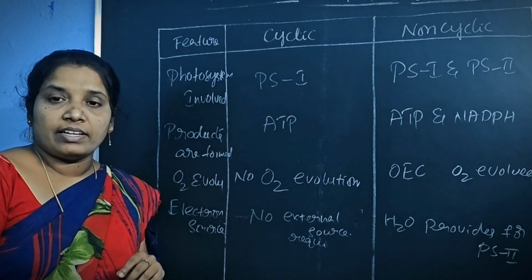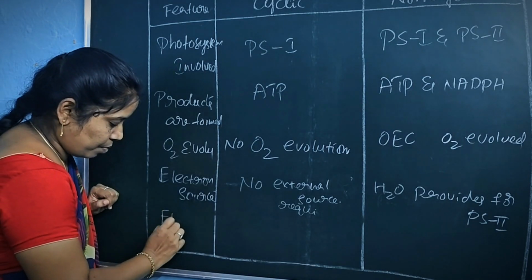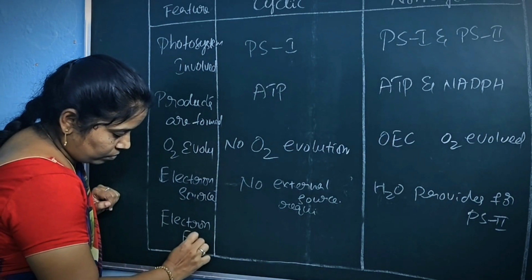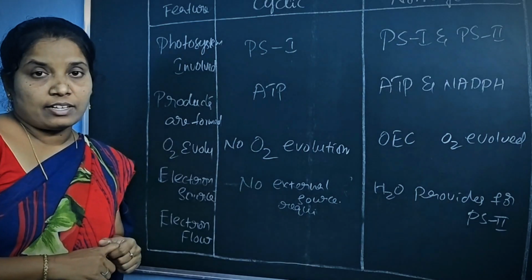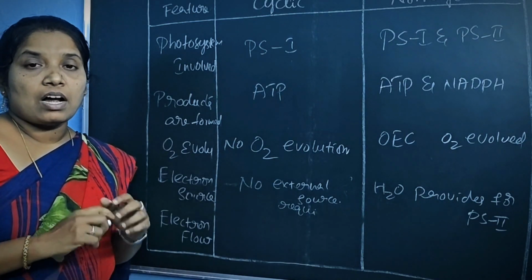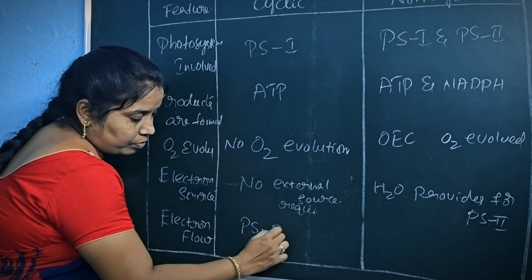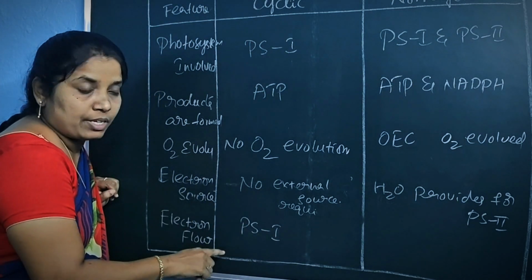Let's see the next difference, that is electron flow. In the case of the cyclic electron transport chain, electrons come back to PS1. They started from PS1 and they come back to PS1.